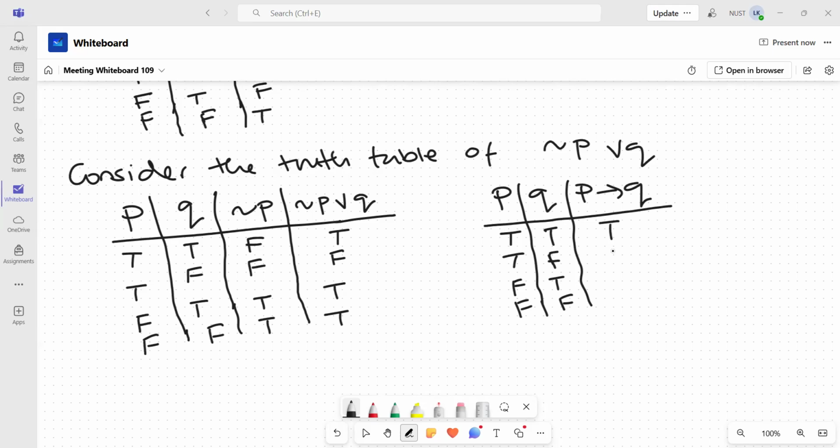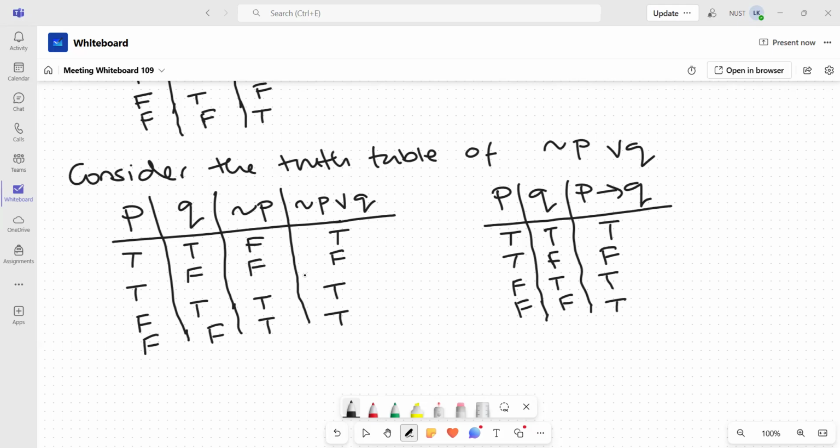If this is true but that is false, this is false. If this one is false but this one is true, this is still true because, like I said, I've not broken my promise. I've just not had the chance to test and check whether I will break my promise. So it's true in the sense that it is not untrue. You haven't shown that I've broken my promise.